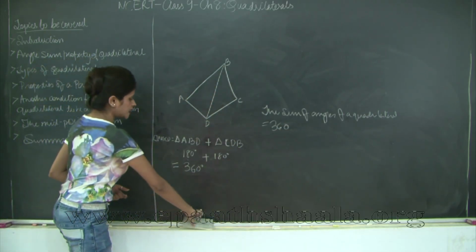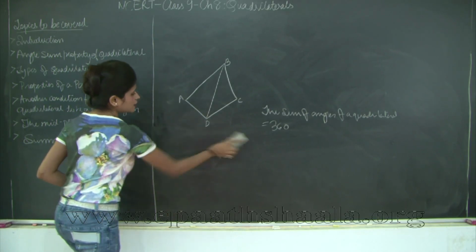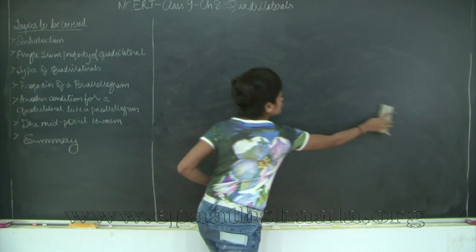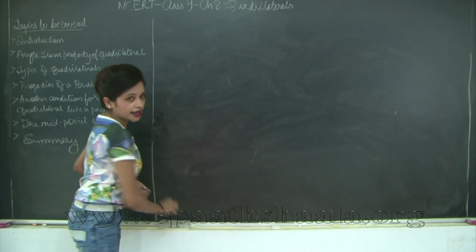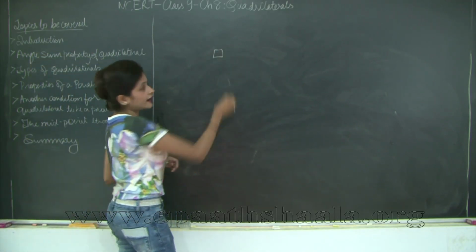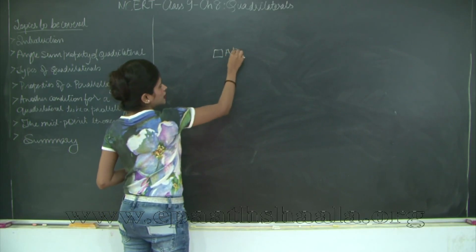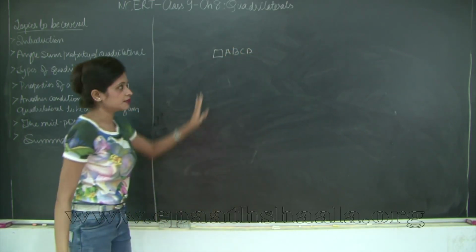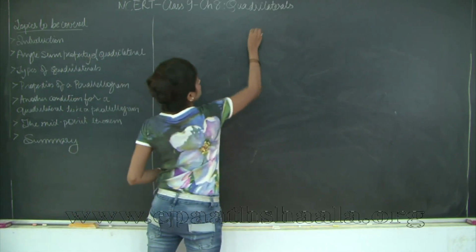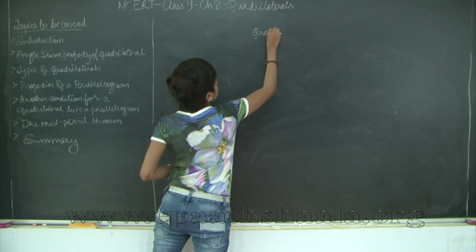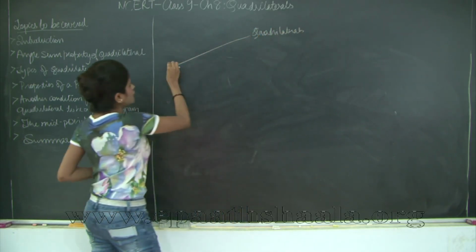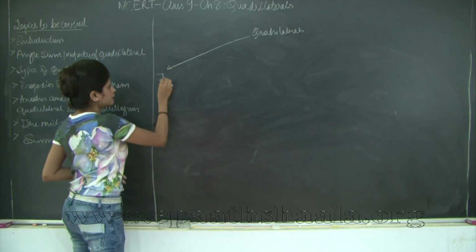Now let's move on to the types of quadrilaterals that we have. My quadrilaterals have been divided into 6 major categories. Quadrilaterals are usually denoted as, if I need to mention quadrilateral ABCD, I am going to say box ABCD. This means quadrilateral ABCD. So now the types of quadrilaterals, we have the first category as a trapezium.